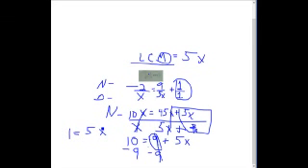To get x by itself, opposite operations, just like this one. This was a +9, so -9. 5x means 5 times x. So we have to do opposite operations, so we'll do 5x divided by 5.